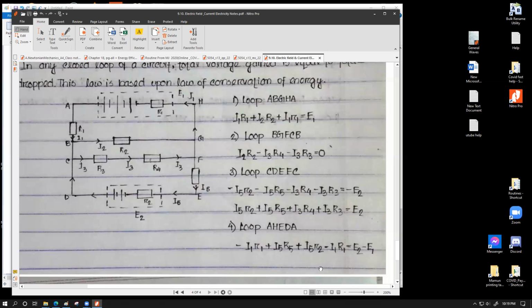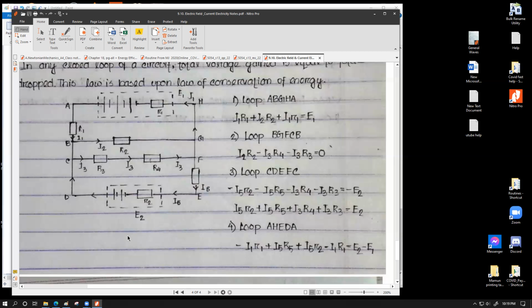So depending upon our loop consideration, the E2 will be a positive EMF because the current produced by E2 is supposed to be in the same direction, and E1 is written as the negative EMF. So this is an important bit.